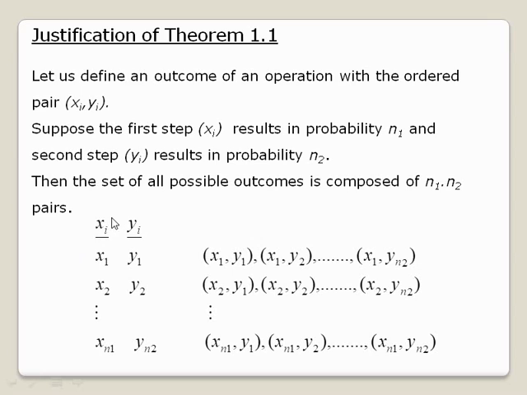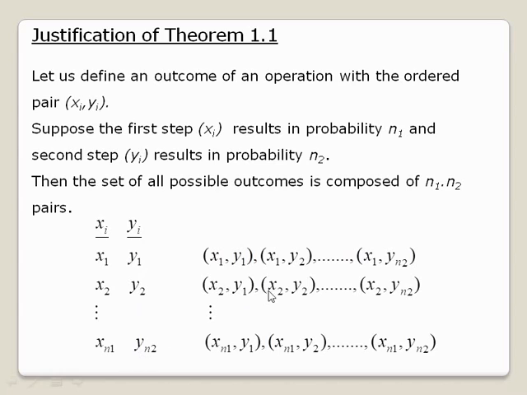Now suppose xi contains the components x1, x2 up to xn1. Similarly, yi contains y1, y2 up to yn2. x1 can combine with either y1, y2, y3 or yn2. So the first line contains all possible pairs of x1 with each of y1, y2 up to yn2. If we go to the second one, x2 can pair with either y1, y2, y3 or all the way up to yn2.